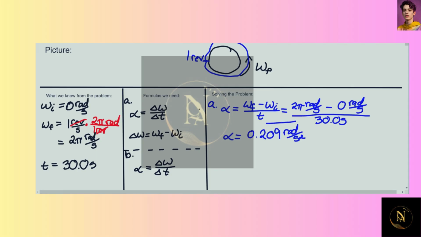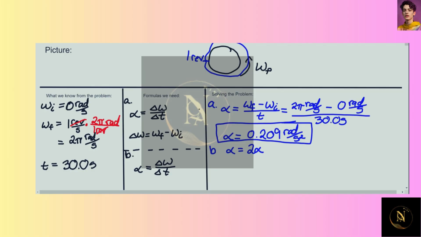That is the angular acceleration of that wheel as it gets up to the speed we were told in that amount of time. And then for part B, it asks, okay, now let's say we double your angular acceleration. So let's say alpha equals 2 alpha, or double our original one.